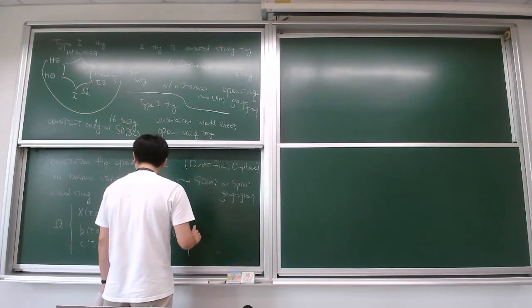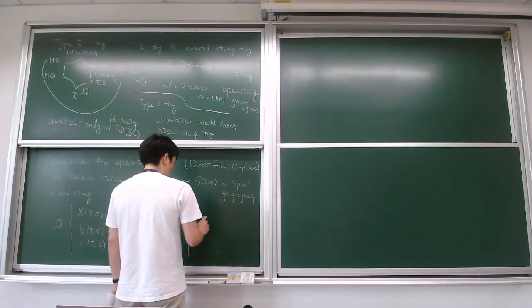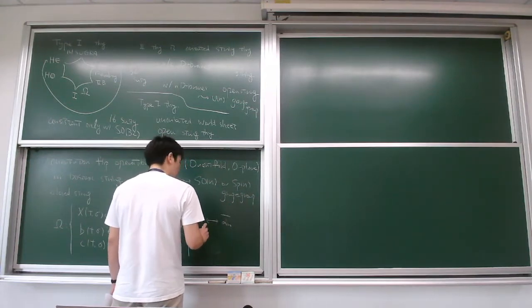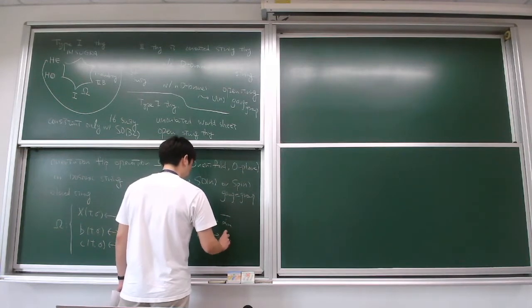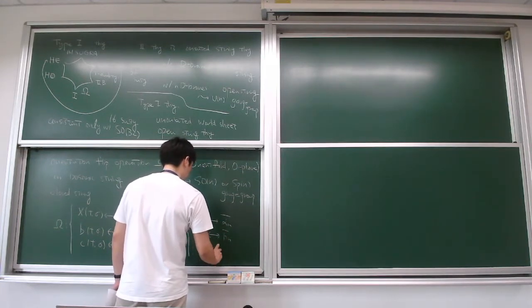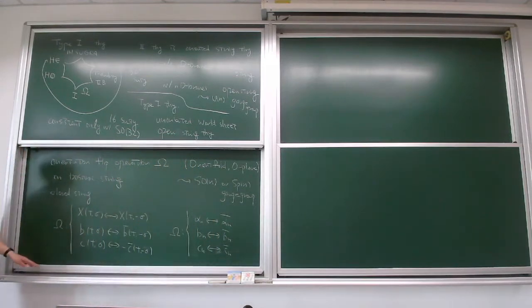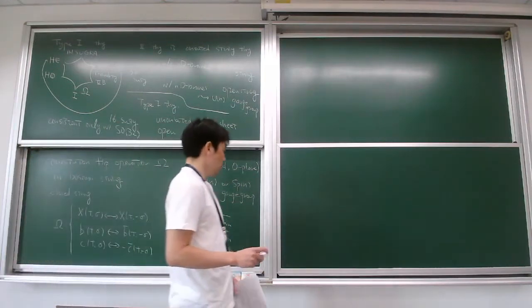And the mode expansion is much more clear. You just map holomorphic or left moving alpha_n to another holomorphic one, or right moving to left moving. That's how the orientation flip operation works.